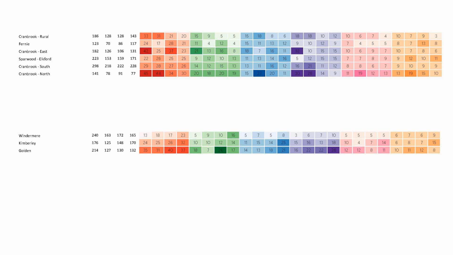Obviously the absolute number of kids is different. So 5% of 240 is different than 5% of 165.